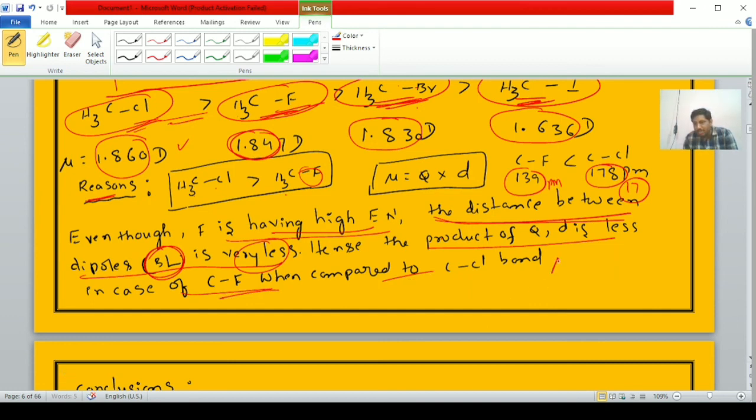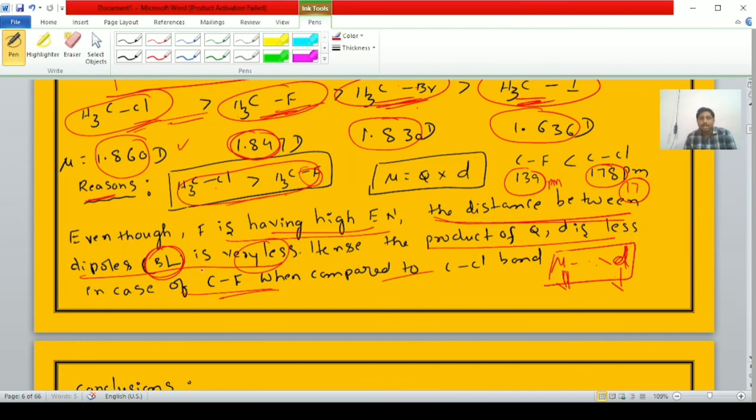We know, students, that the dipole moment depends not only on electronegativity, but also on the distance between the dipoles. Here the distance is less in the case of fluorine. Hence the product of distance and charge will be less in the case of fluoromethane. Hence fluoromethane has a lower dipole moment than chloromethane. In examination they will ask, why does chloromethane have a higher dipole moment than fluoromethane?